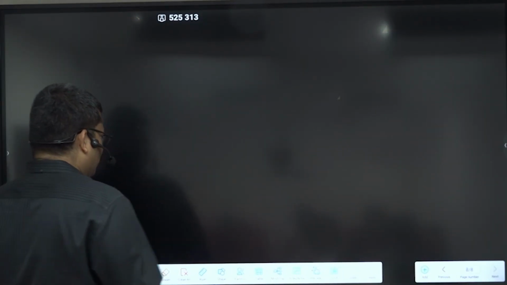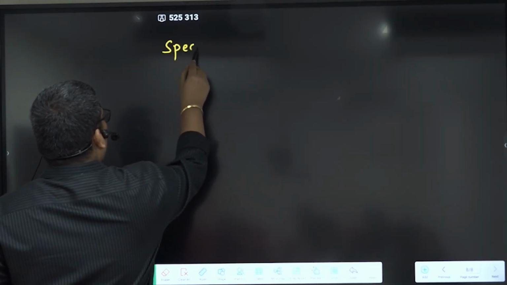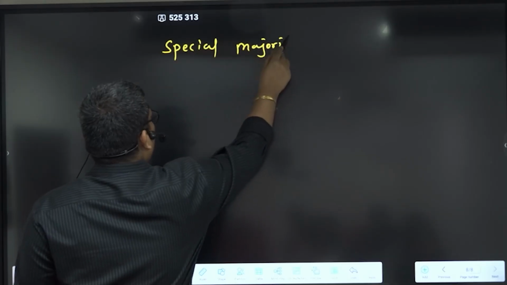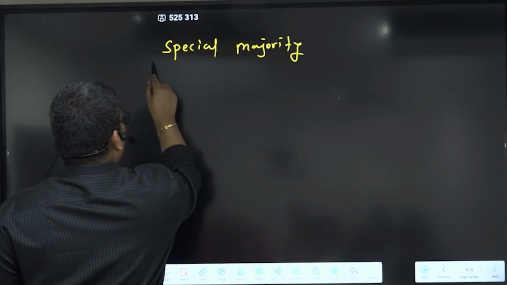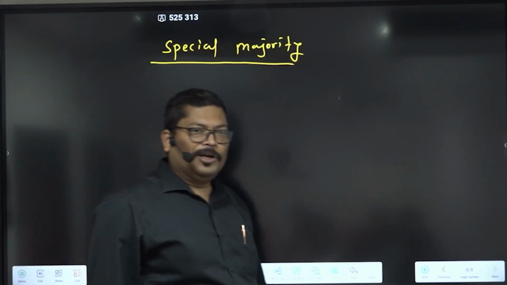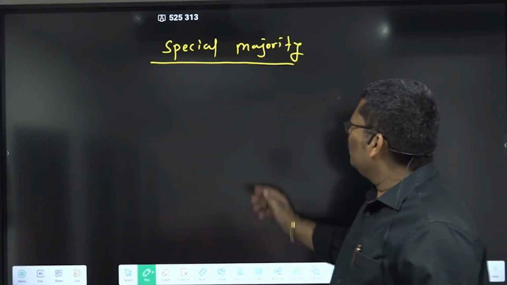Now, special majority. How many types of special majority are there under the Indian Constitution? 3. Good. What are they?